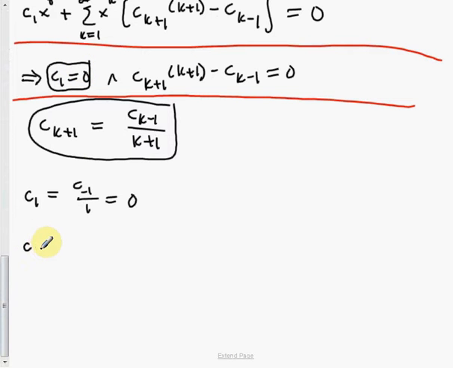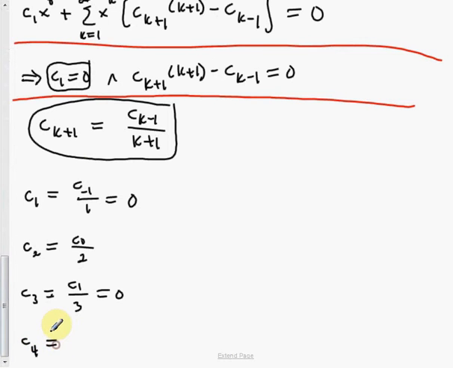So what about c sub 2? That is for k equal to 1. So we get c naught all over 2. c sub 3 is c sub 1 over 3. But c sub 1 was 0, so this guy is 0.